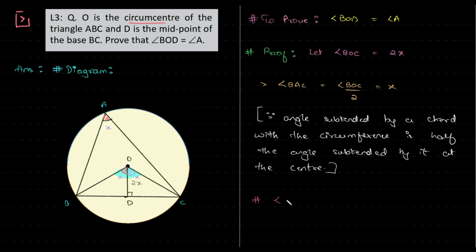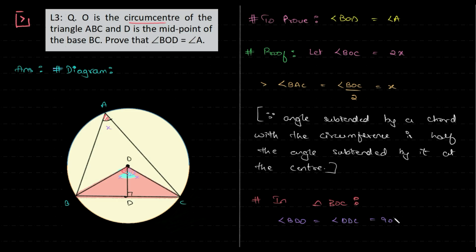Next is angle BOD. So how will I find angle BOD? We have to consider what triangle? Yes, in triangle BOC. Let me show that. Okay. So what about this triangle? Well, in this triangle, we have angle BDO equal to angle ODC.